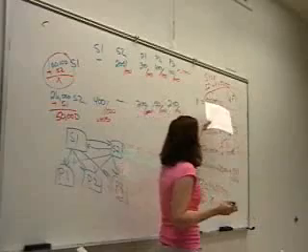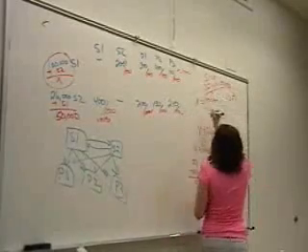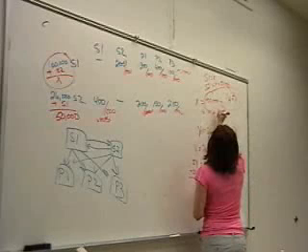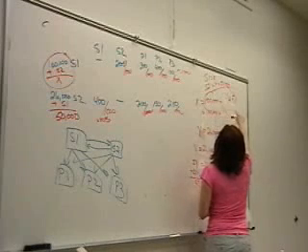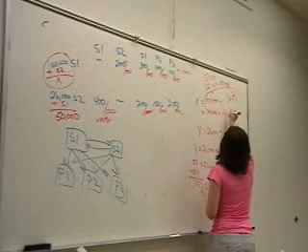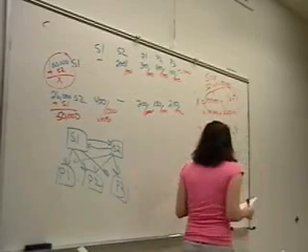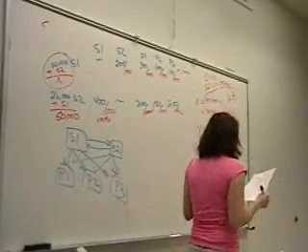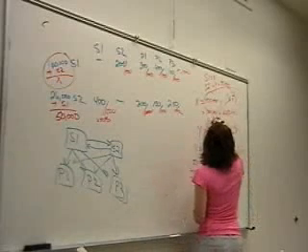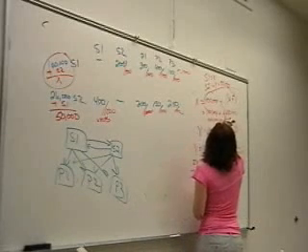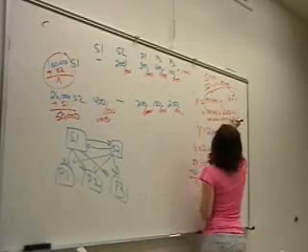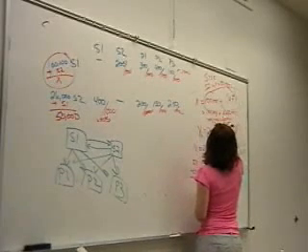So 100,000 plus 0.4 times 50,000, plus 20,000 is 120,000.